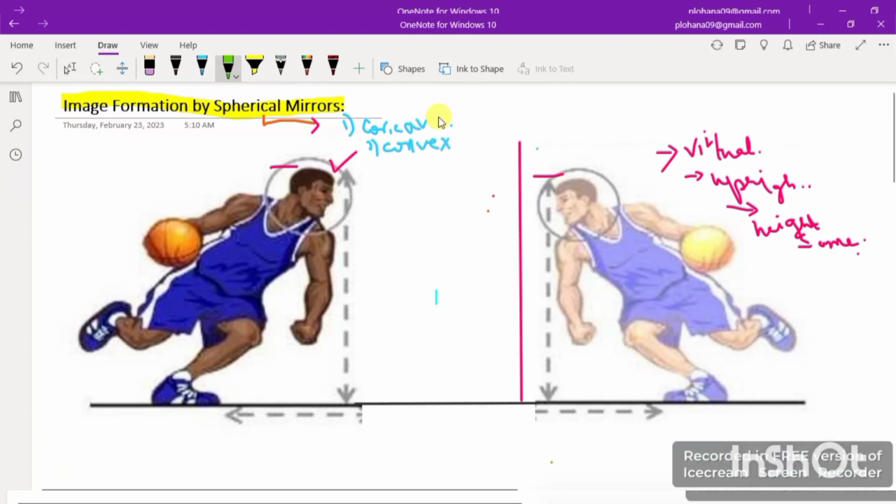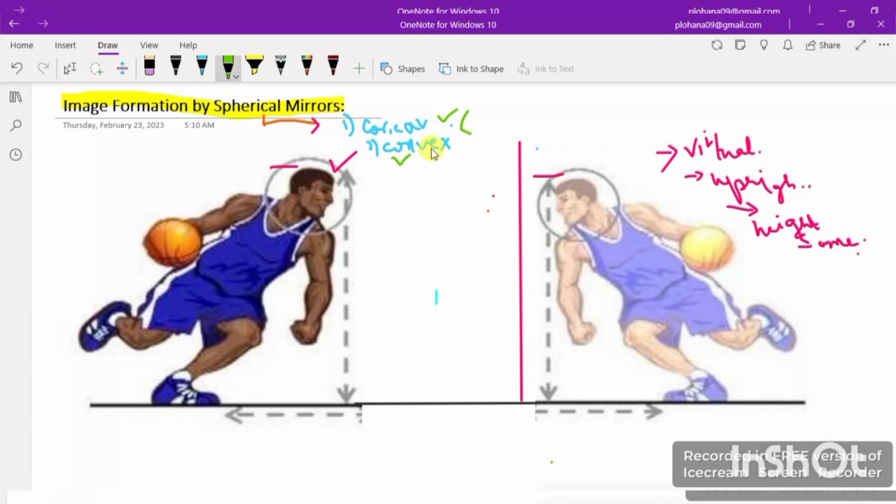If I talk about the concave mirror, it is a reflective surface that is curved inward and away from the light source. Like how? Let me make it here. This is curved inward and this is away from the luminous source or light source. Now let me tell you about the convex mirror.